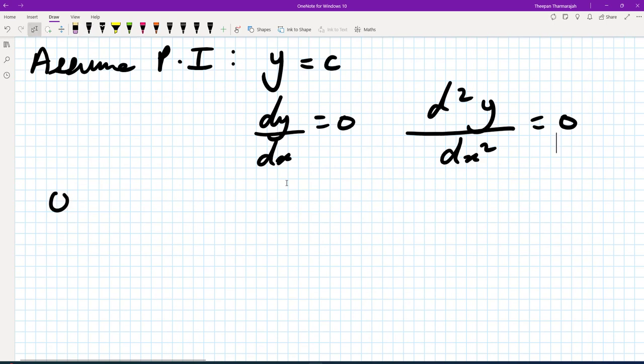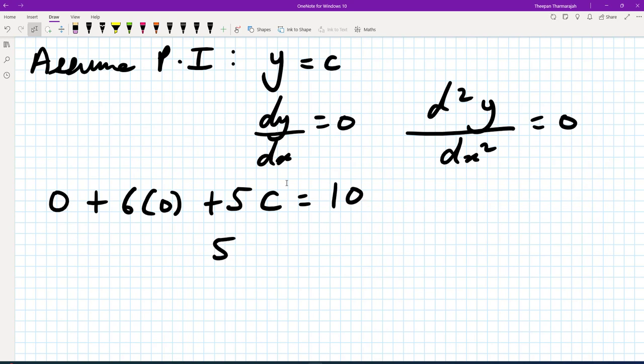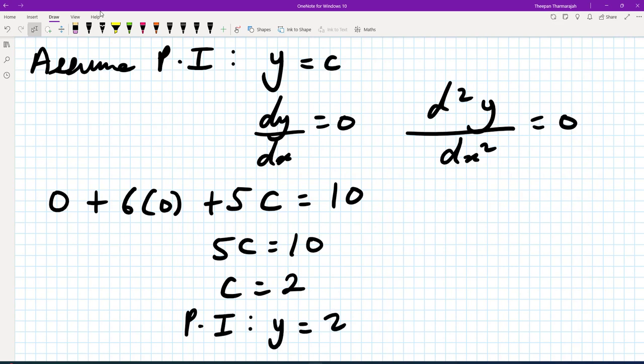So we get 0 plus 6 times 0 plus 5 times our particular integral, which is c, equals 10. 5c equals 10. c equals 2. So we could say our particular integral PI is y equals 2.